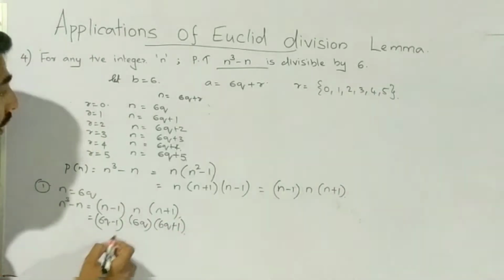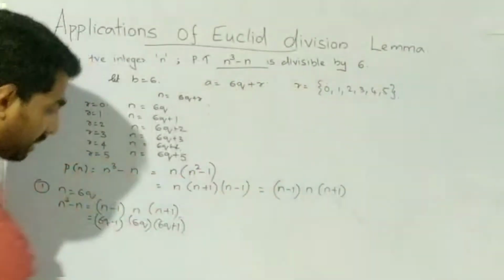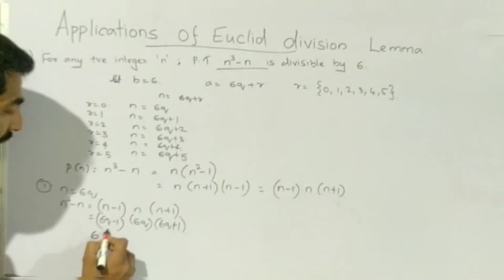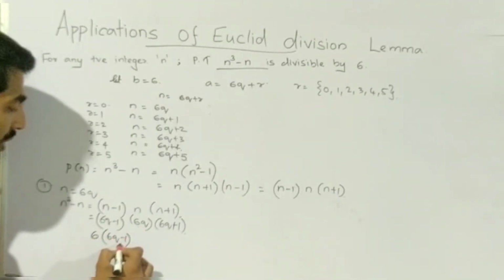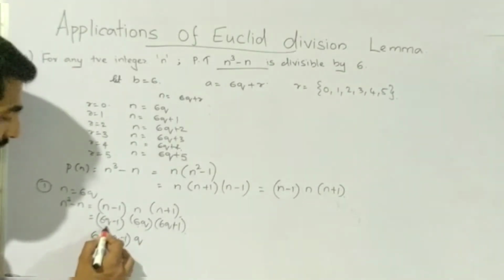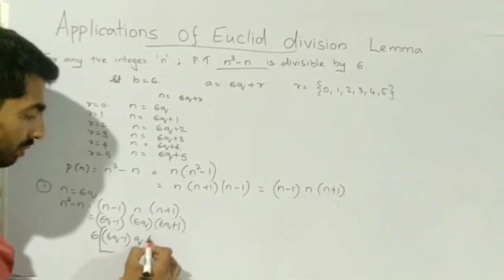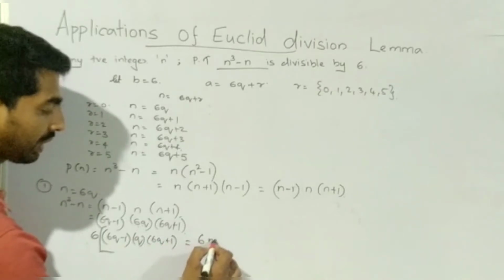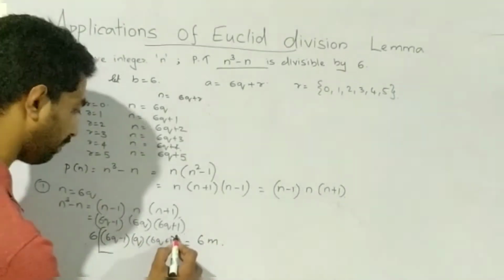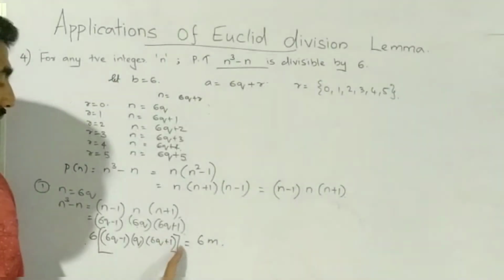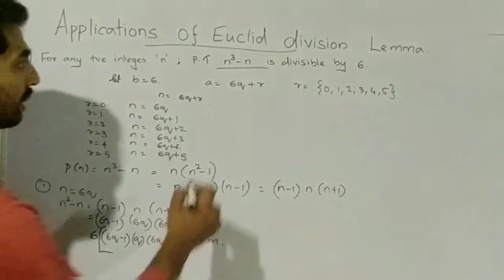The question is whether it is divisible by 6. Is there any 6 here? Yes, we have 6 in 6q, so you can write it as 6q into 6q minus 1 into 6q plus 1. This is in the form 6m, where m is q into 6q minus 1 into 6q plus 1. Done.